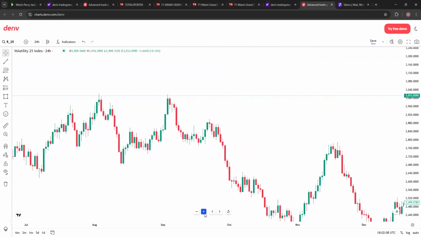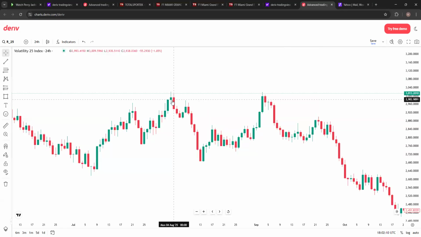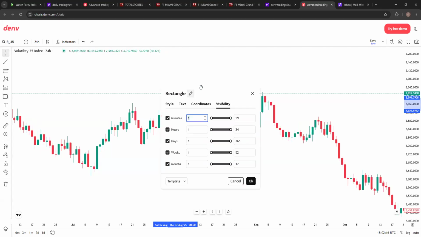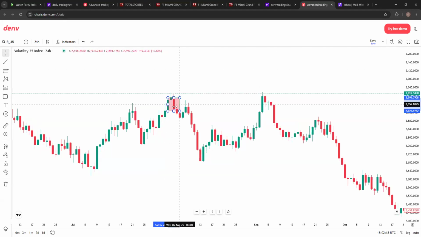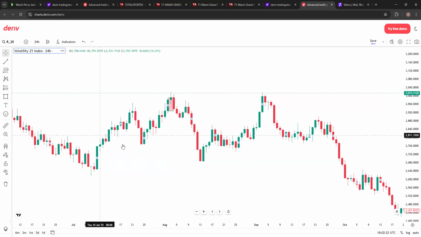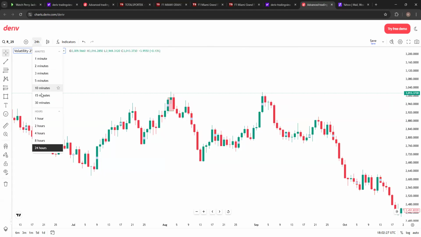I think we have an area here that you can all see, and let me mark it. If we see this area, this is an evening star. If this is an evening star, let's zoom in. I want you to see something.